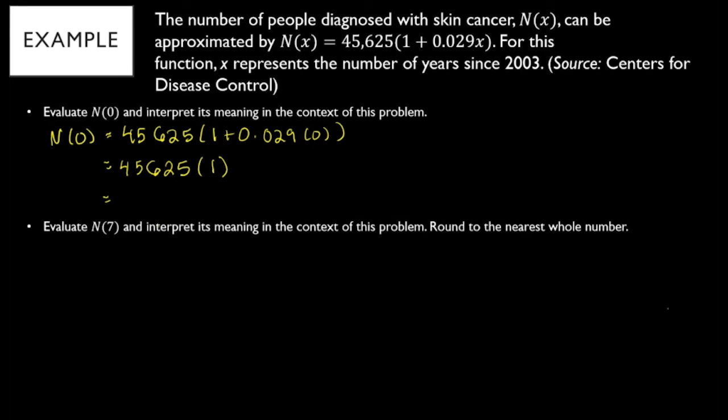And then this gives us 45,625. So this is our output. The output is the number of people diagnosed with skin cancer. And then our input is 0 years since 2003, because x is the number of years since 2003. So this tells us in 2003, 45,625 people were diagnosed with skin cancer.